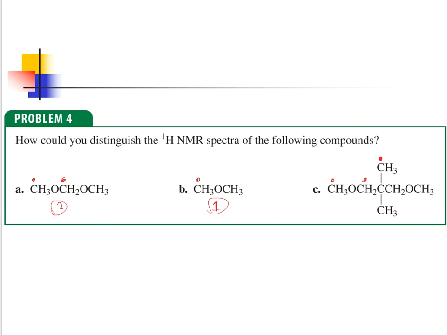Very symmetrical here in the middle. And then the ending CH3 group is on an O with a CH2, and this CH3 group that we started with is on an O with a CH2. So those, again, are equivalent. So it looks like that particular molecule will give me three signals, unlike the first one, which is two signals, and the second one, which is one signal.